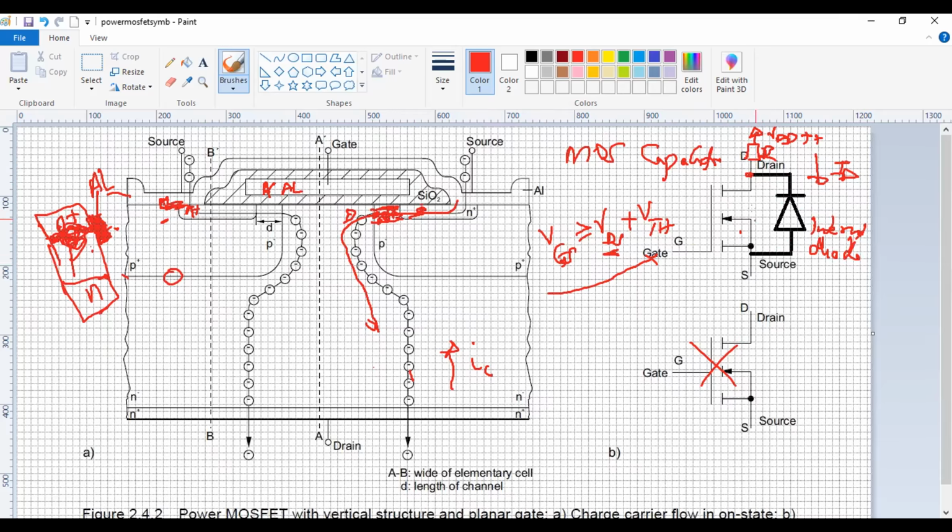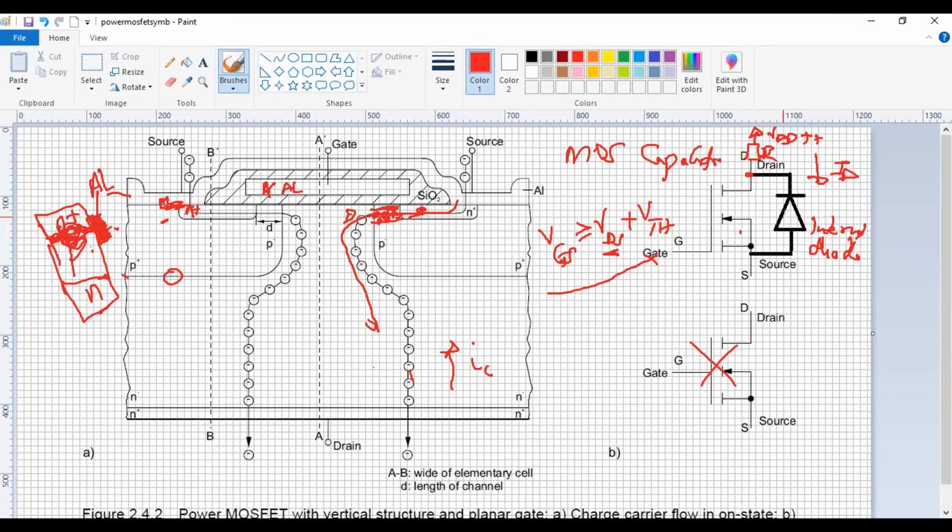Which means that this is actually a bidirectional current. Current can flow in two directions, right? You can have current going from the drain down to the source, but you could also have current flowing from the source to the drain.